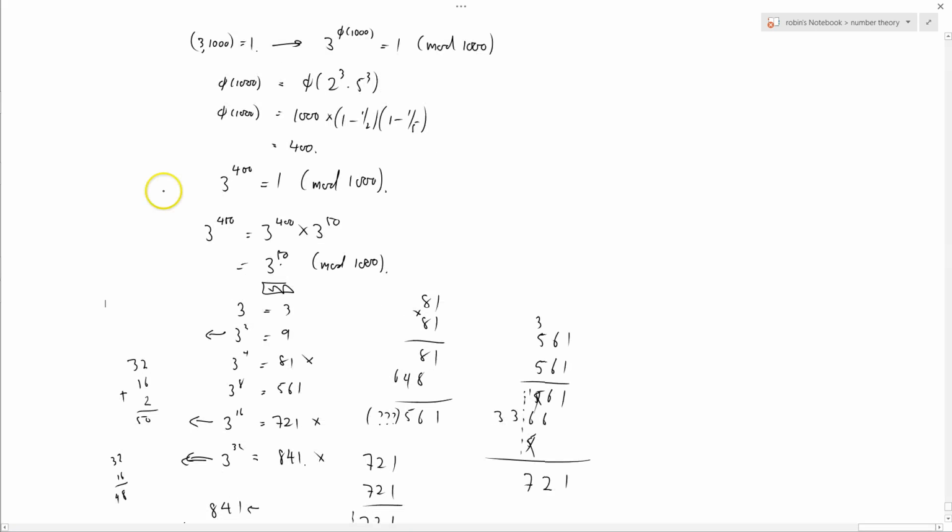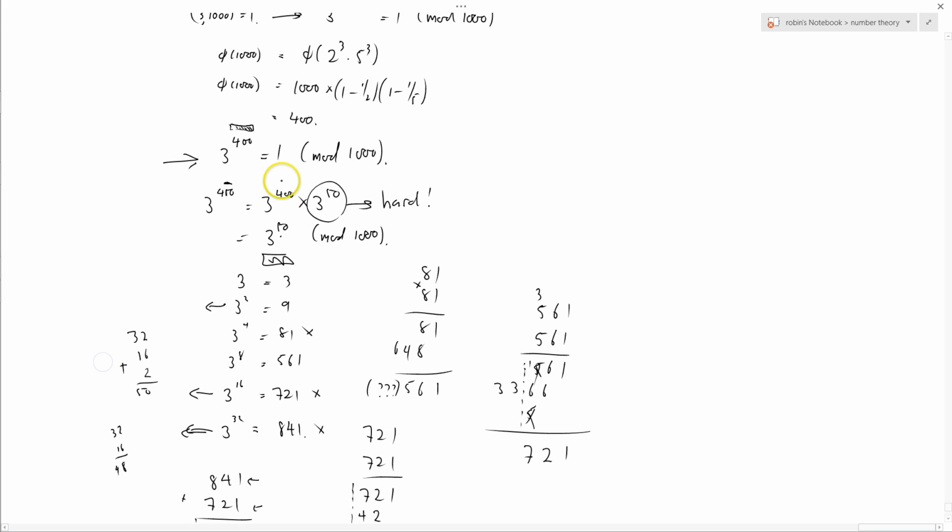For the 400, Euler's theorem did all the hard work for us. The hard bit was working out that 50 there. So Euler's theorem saved us a huge chunk of effort, saved us from having to evaluate 3 to the power 400, which is quite nice.